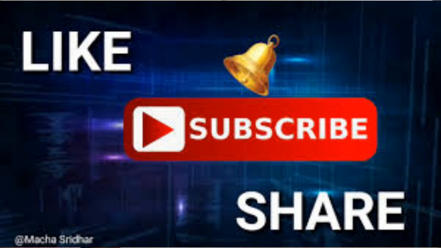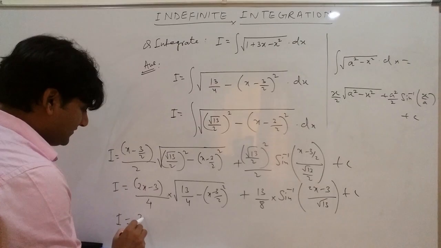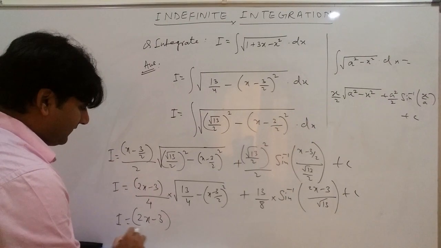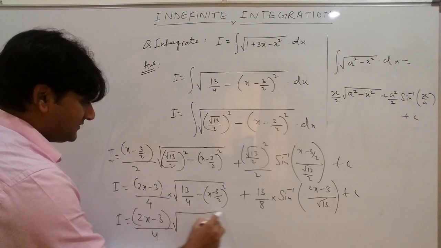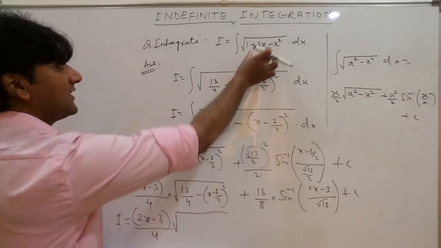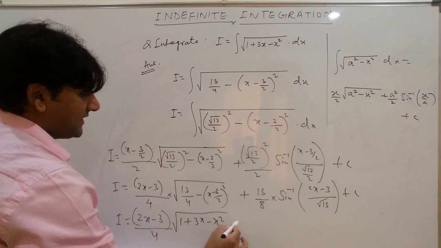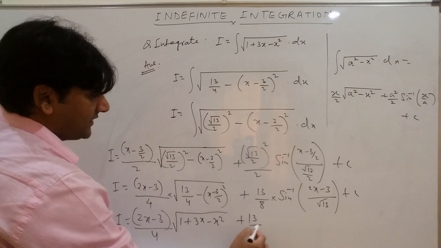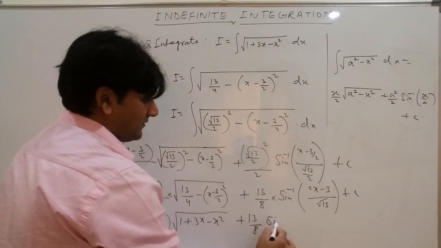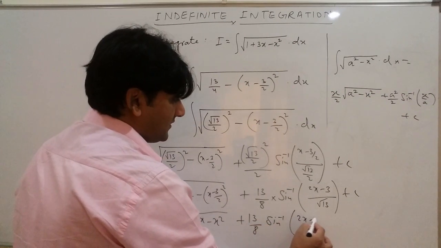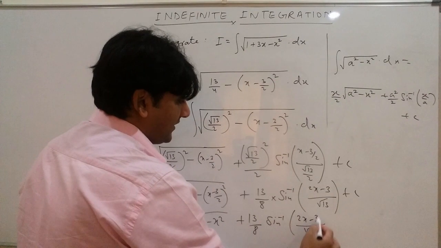But if you want, you can write like this: I equals 2x minus 3 over 4 times, if you open this, you will get root of 1 plus 3x minus x square, plus 13 over 8 sine inverse 2x minus 3 over root 13 plus c.